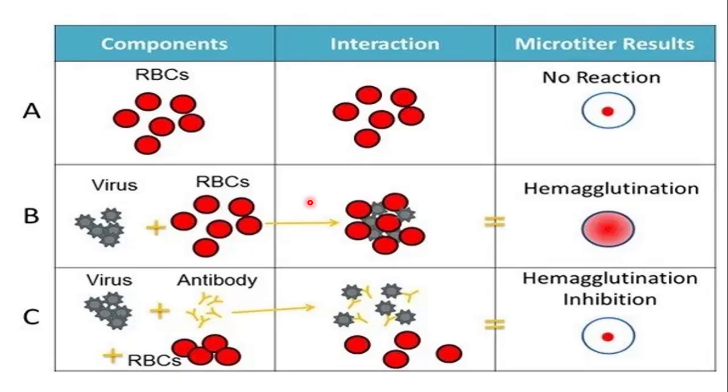Agglutination is nothing but a simple adhesion process, whereas hemagglutination, as you can see here, involves RBCs. Hem means RBCs and agglutination, so it is adherence of RBCs which is macroscopic in nature, meaning we can visibly see this hemagglutination step.